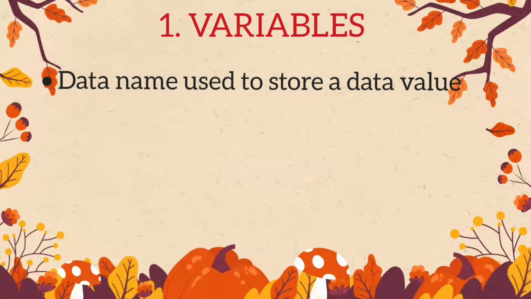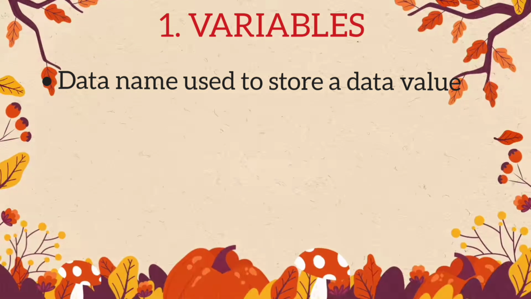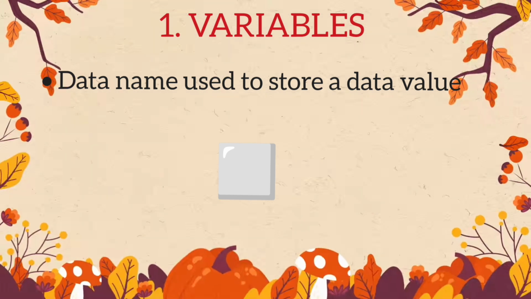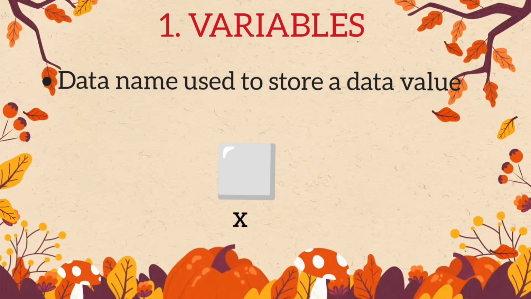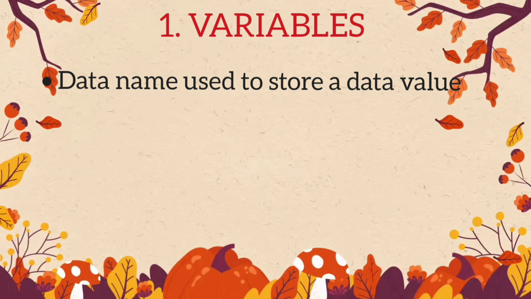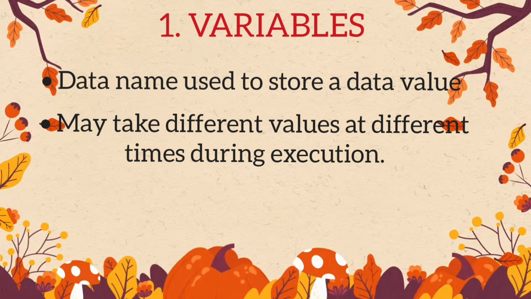Here a variable is a piece of data which stores a particular value. For example, when we write x equal to 5, a part of the computer memory, or a piece of data inside the memory, is given the name x and it stores the value 5. As its name suggests, a variable can take different values during operation.